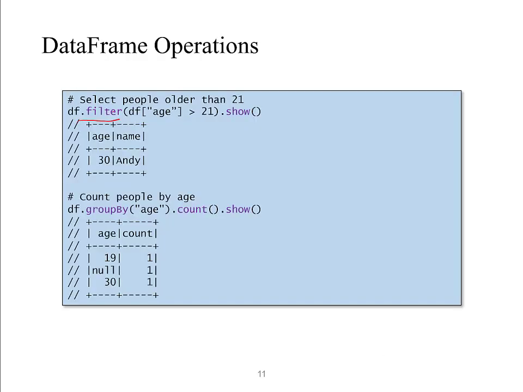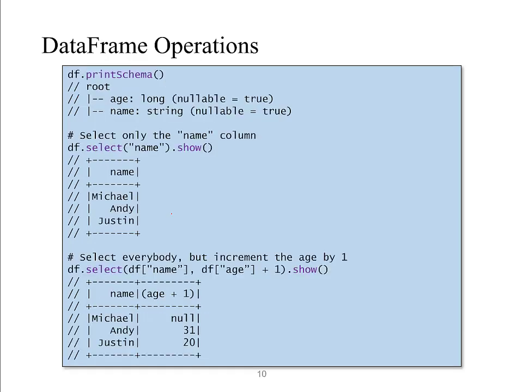As we can see from all these previous examples, essentially what we're doing here is just to select age, name where age is larger than 21, right? And here is just a group by age and the count.